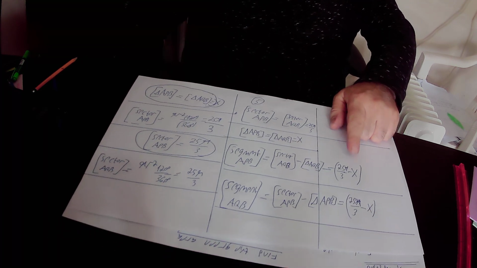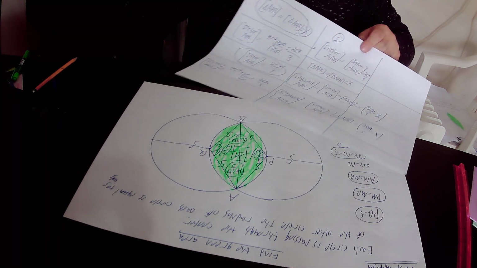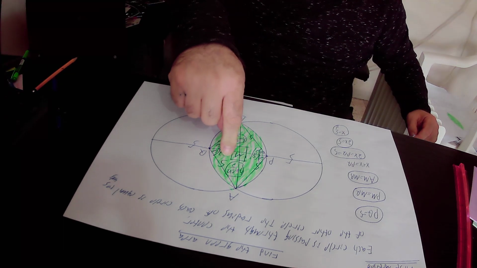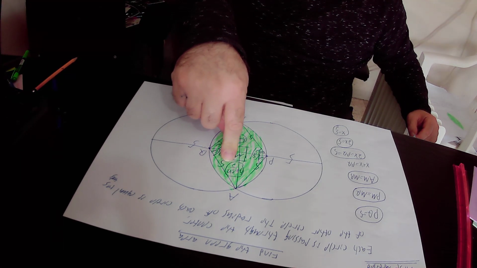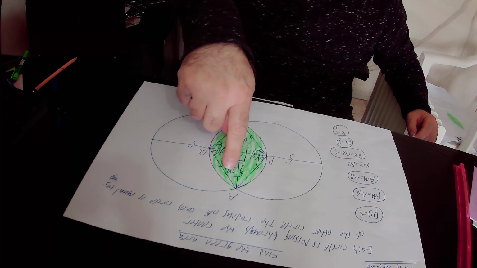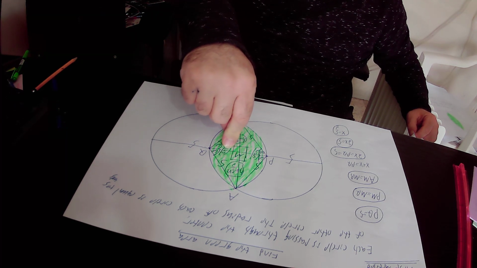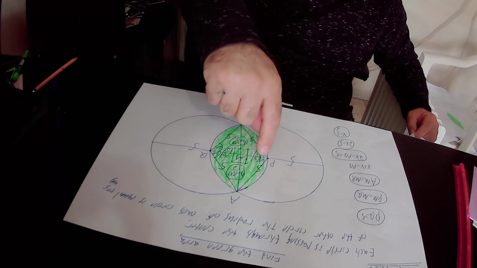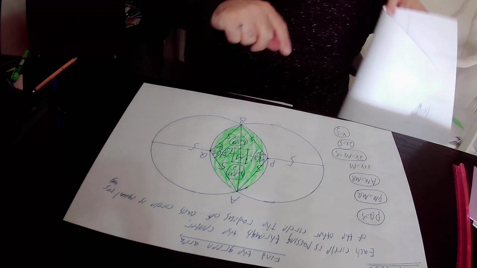Likewise, we calculate the area of segment AQB, the area of this figure that is similar to a semicircle but is not a semicircle. The area of segment AQB will be equal to the area of sector APB minus the area of triangle APB.